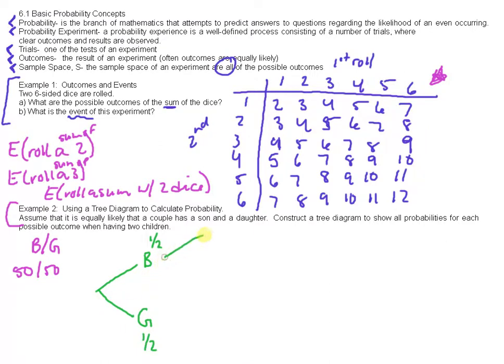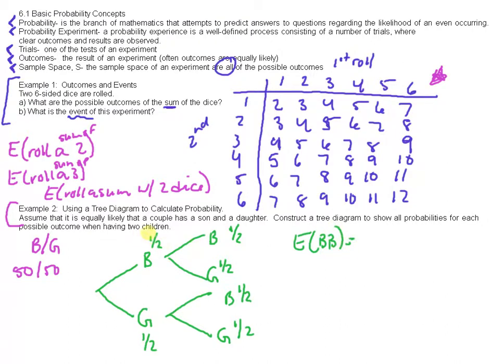Half and half. And then boy and girl, so that's another half and another half. We have boy and girl, half, half, half, half.